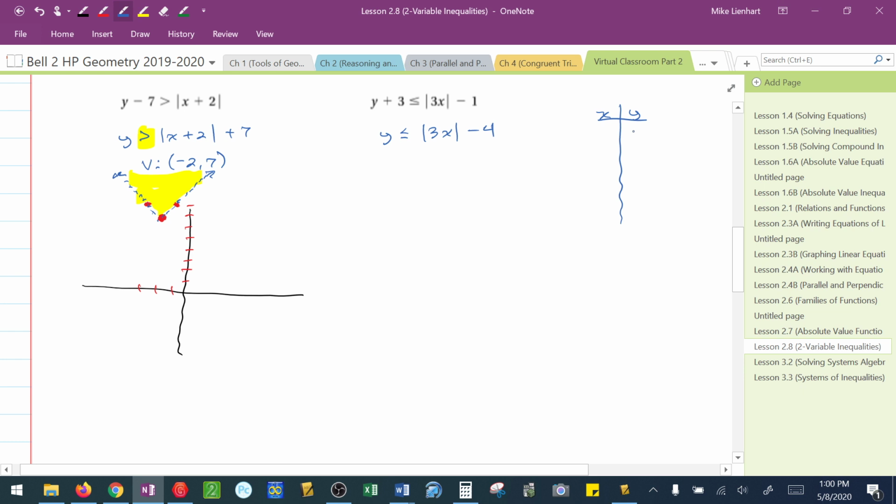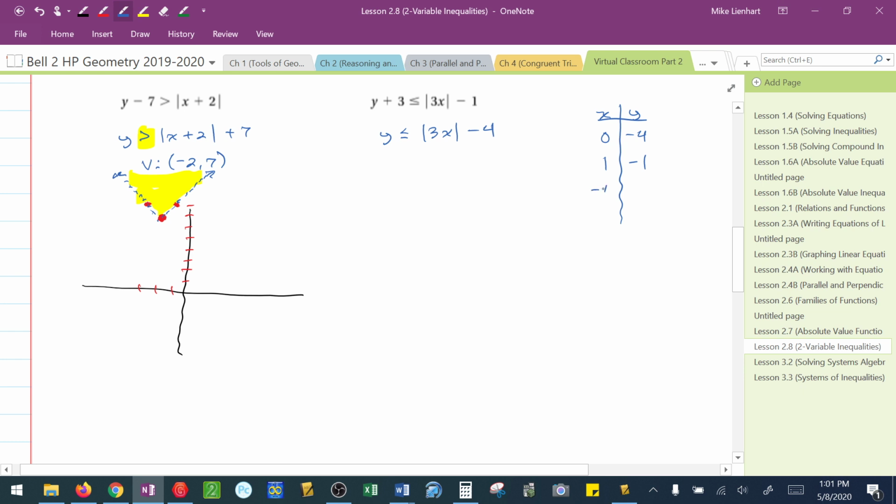Now, I believe that the vertex is going to be at 0 something. So let's see what happens here. If I plug a 0 in, I get an output of negative 4. What happens if I plug a 1 in? At 1, I have 3. Absolute value of 3 is 3. Minus 4. 3 minus 4 gives me an output of negative 1. Well, let's try the other side of 0.